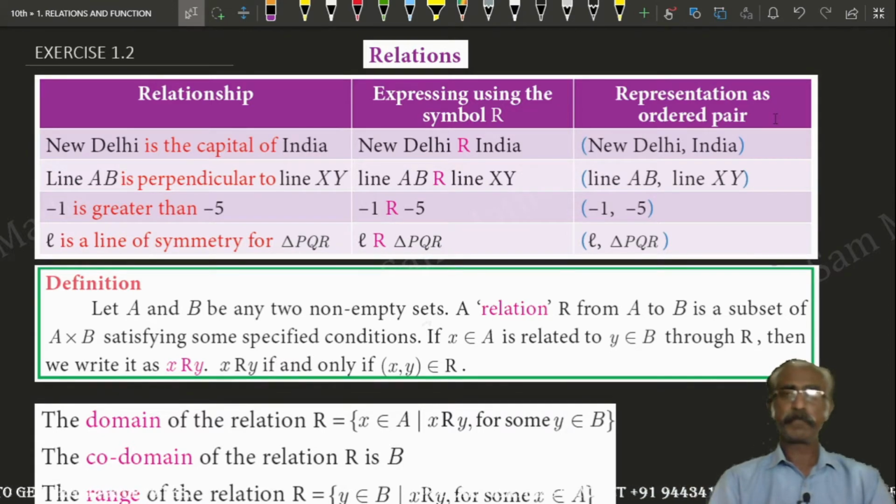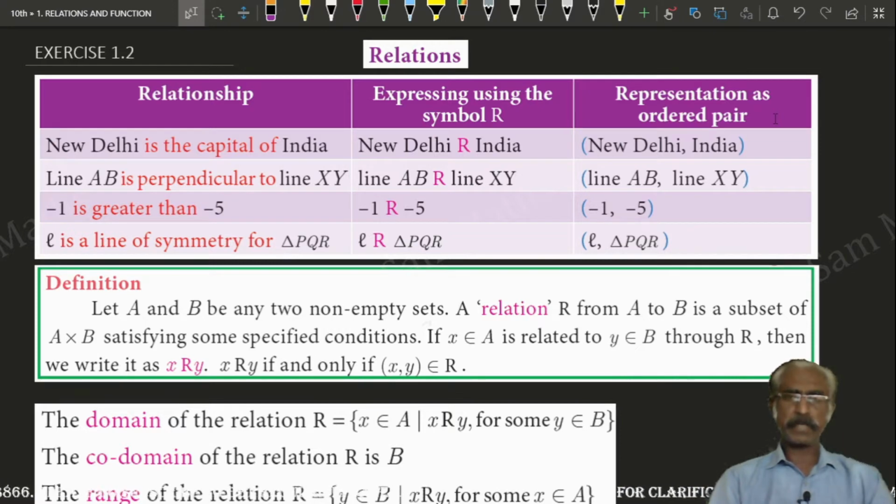If you have doubt in cross product or Cartesian product, you can watch the previous video. A relation R from A to B is a subset of A cross B satisfying some specified conditions.